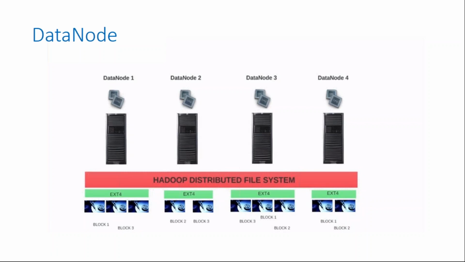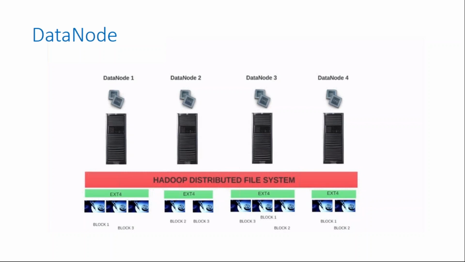If we have replication factor 3, which is the default, every block is replicated 3 times. If all 3 are put on one node, we are going against this whole concept, because if the node goes down, all 3 blocks are gone, so no replication. So they are spread across the nodes in a way that no two replicated blocks are on the same node. They are always on different nodes.